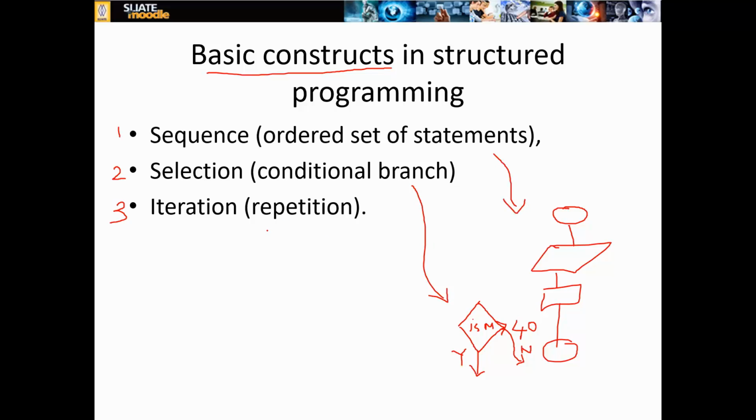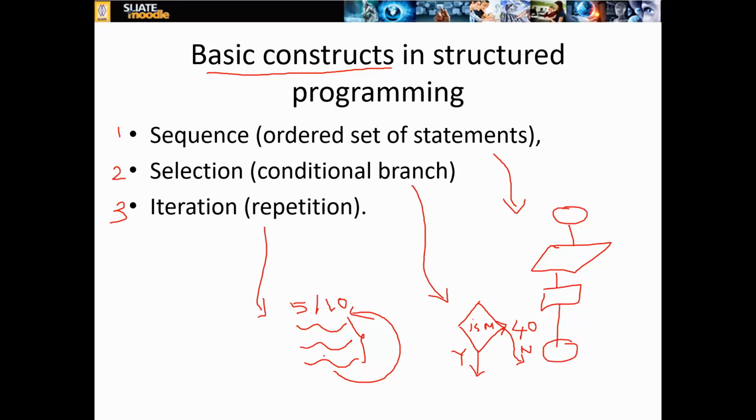And in iterations, we didn't do this last day, but we are going to do this today. In iterations, once we have a number of statements executed, if we want to do the same set of instructions again and again, then we can go back to the beginning of that set of statements and do that a number of times. For an example, assume that you want to add a set of numbers 5 times, or 10 times.